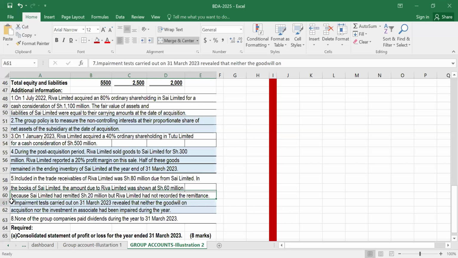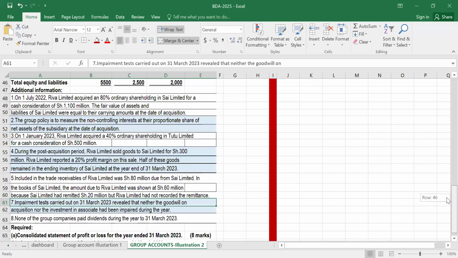Number 7, impairment test carried out on 31st of March 2023 revealed that neither the goodwill on acquisition nor the investment in associates had been impaired. Number 8, we are told none of the group companies paid dividends during the year which ended 31st of March 2023.